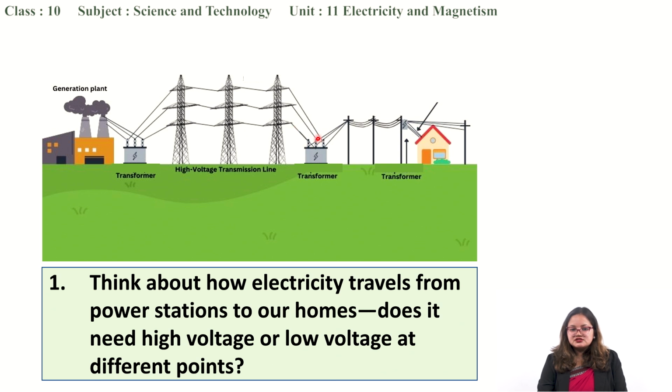When it reaches here, the output voltage decreases slightly, and when it reaches the electrical poles, on the electrical poles also you can see the transformer, right? So another transformer further reduces the voltage and then it is supplied to our home.